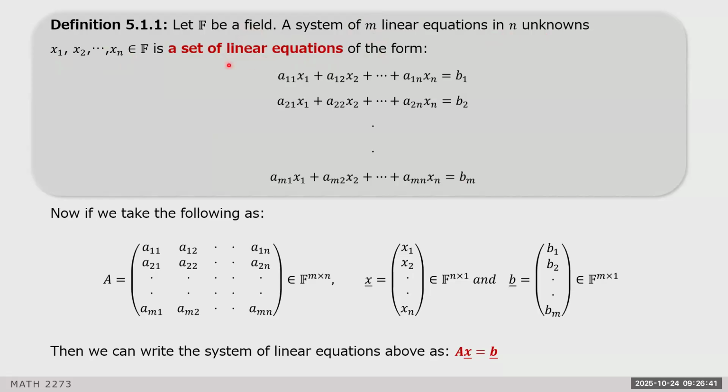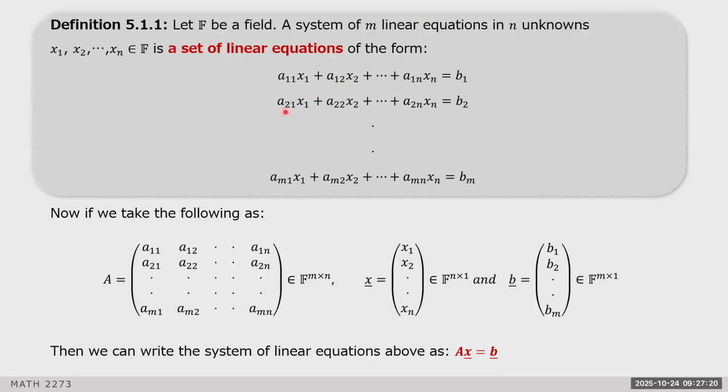So linear equations mean that the unknowns appear just like this, to the power of 1. They don't multiply each other. There's no sine, cosine, e to the x, anything like that. They look like this. So some number times the first unknown plus some number times the second one, and so on. So in the index A11 by x1, A12 by x2, the first index that you see here tells you which equation you are on, right?